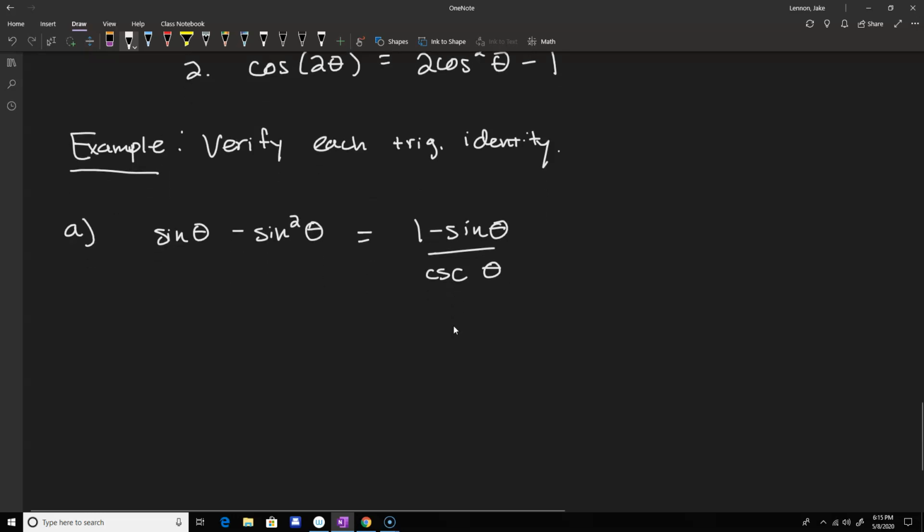There's not necessarily a right answer to the question, which side should I start on? A lot of times it may seem counterintuitive, but you may want to look toward the more complicated side, because usually on the more complicated side there's something to do, either factor something out or simplify.